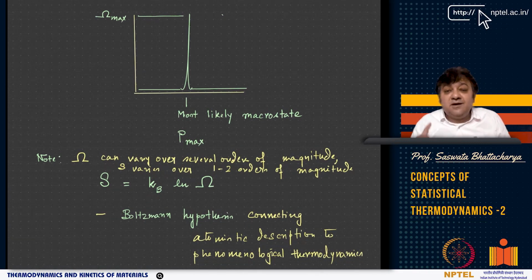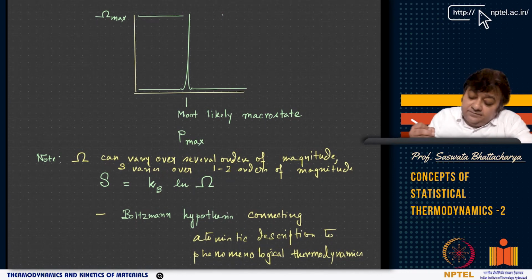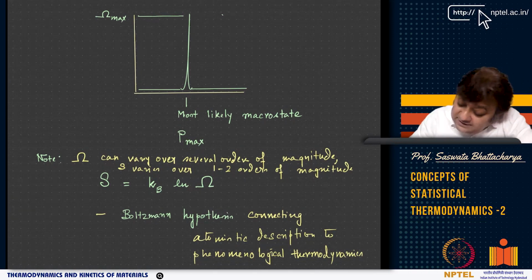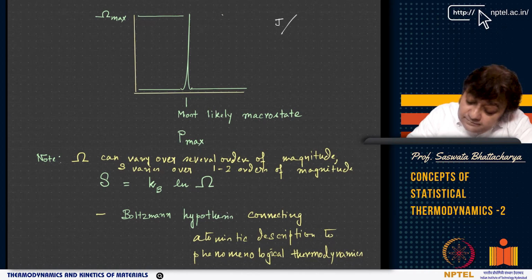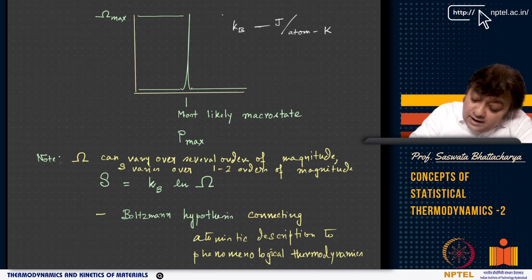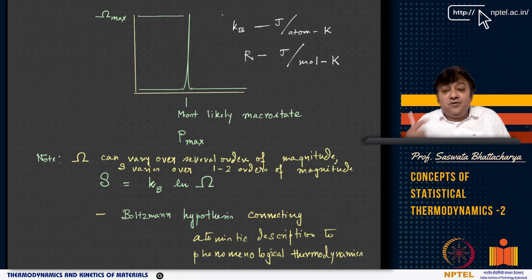Boltzmann's constant is always per atom, so this S that we are talking about is per atom, because k_B is R by N_A. k_B is in joules per atom Kelvin, while R is in joules per mole Kelvin. So remember, it is per atom.